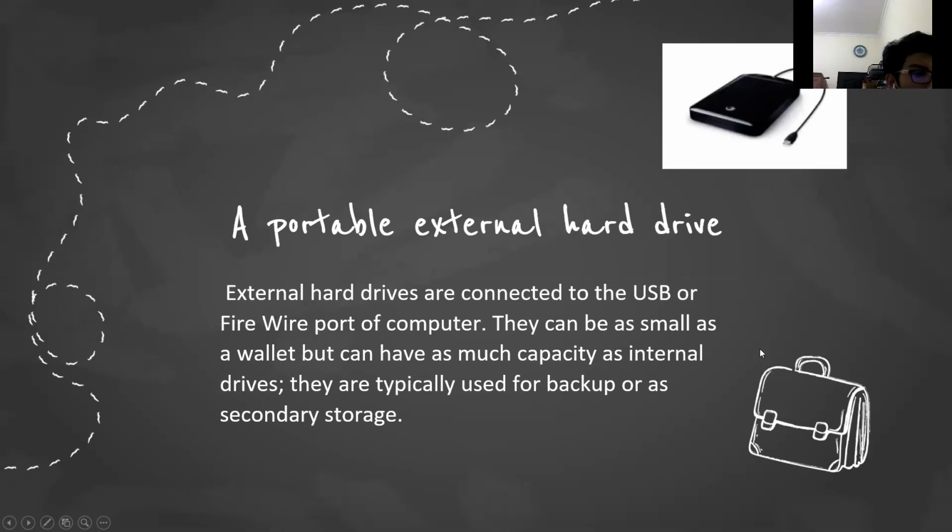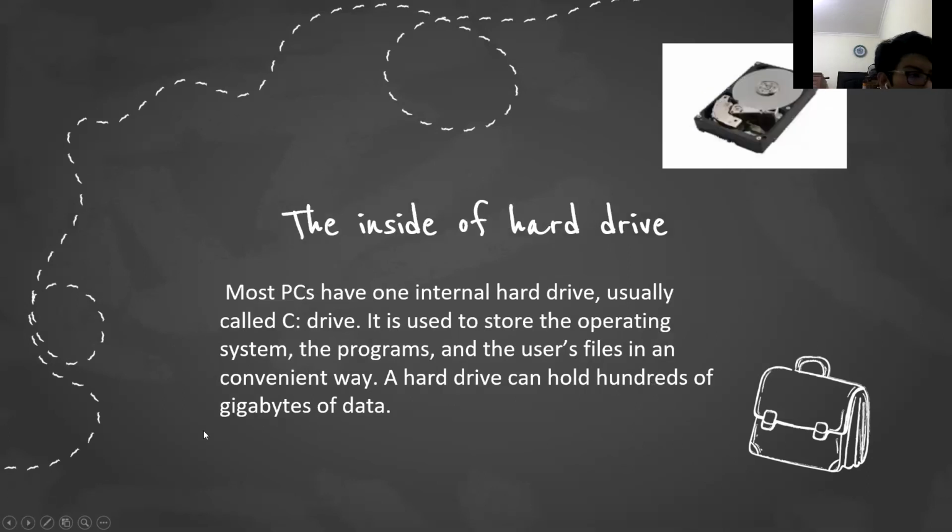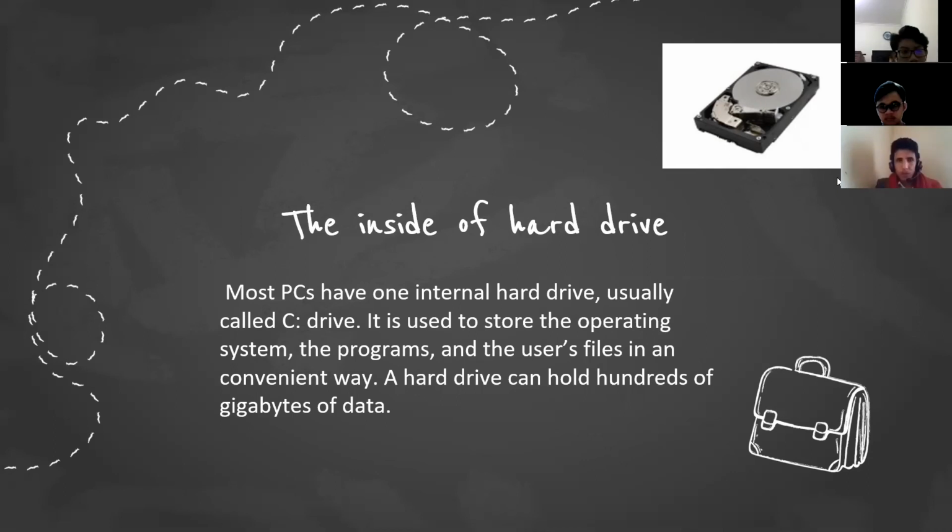They can be as small as a wallet, but can have as much capacity as internal drives. They are typically used for backup or as secondary storage. Okay, that's all for me. The next slide will be presented by my partner, Abdullah. Time is yours.